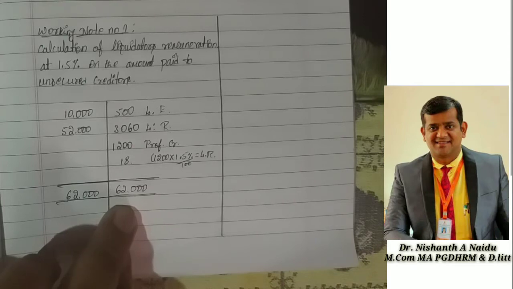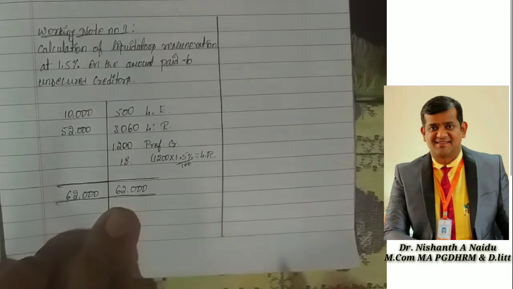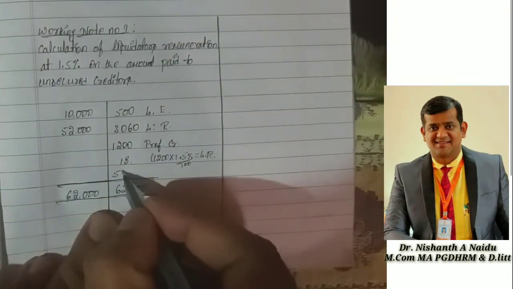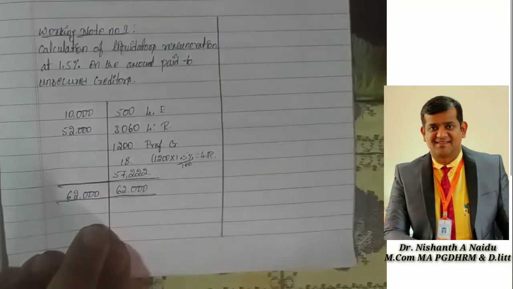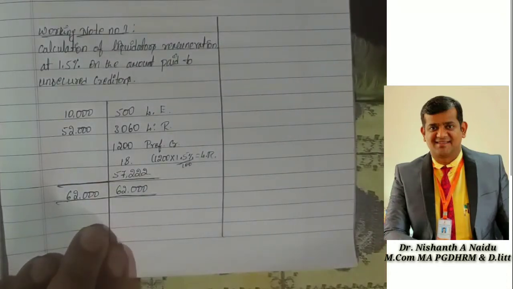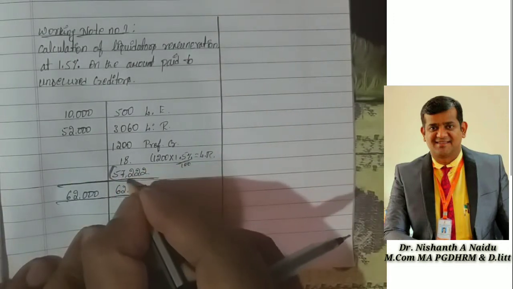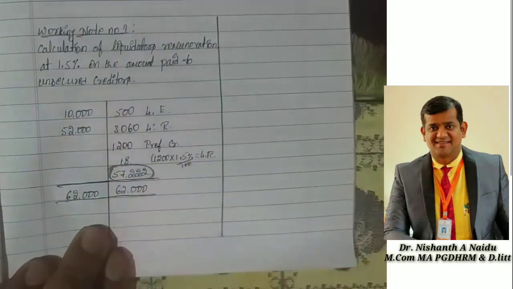So how much have you got? 57,222 rupees. So write down 57,222 rupees. So what is this? That is cash available to pay to the unsecured creditors. So underline this or highlight this and keep it.